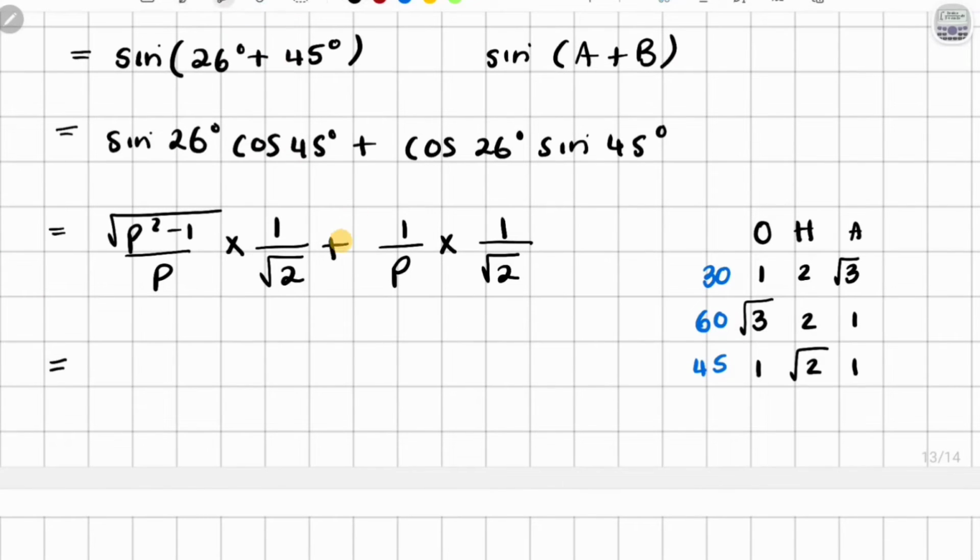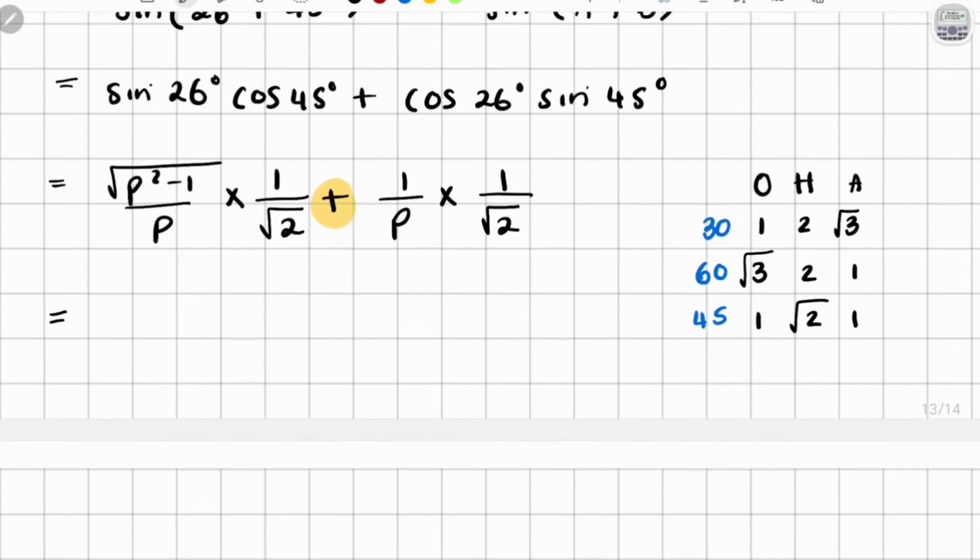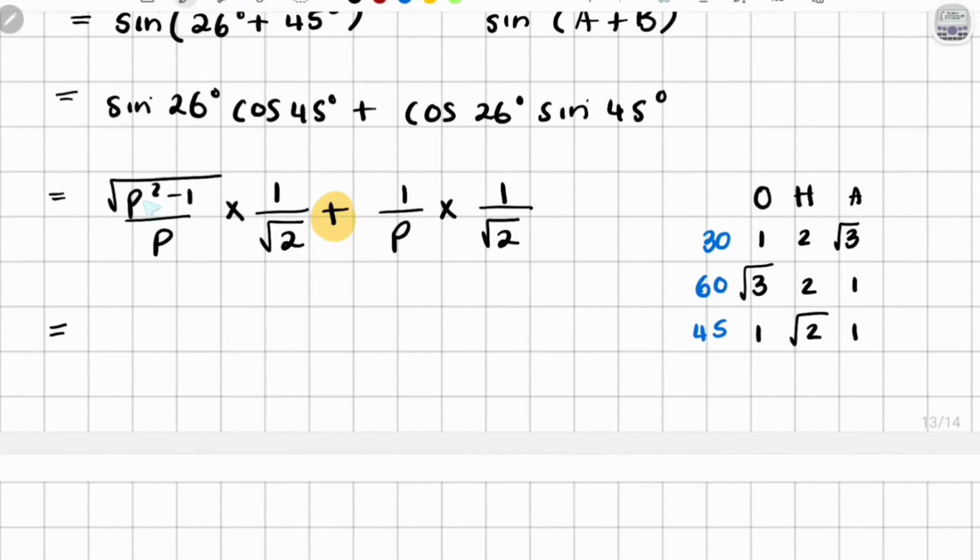Okay, so this is what we have now. Remember that you have an addition sign here. So it means that this is one term and this is another term. So you need to simplify it term by term. So if we multiply, numerators multiply. Anything times 1 stays the same. So on the top we have the square root of p squared minus 1 over p times root 2 is just p root 2. Then we have plus, numerators multiply. That's 1 over, again we have p root 2.